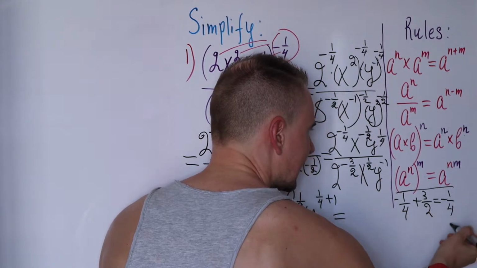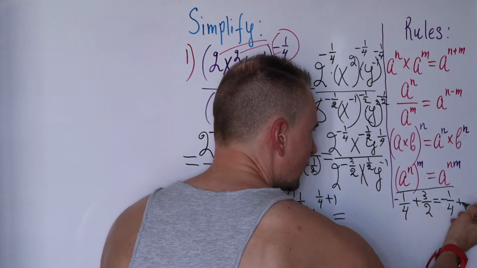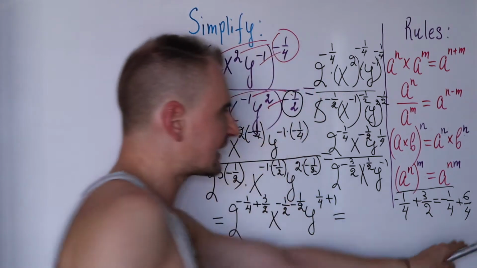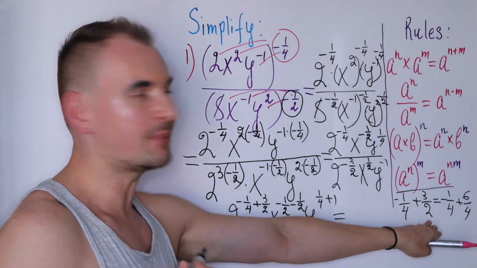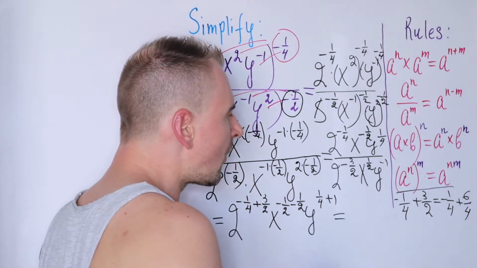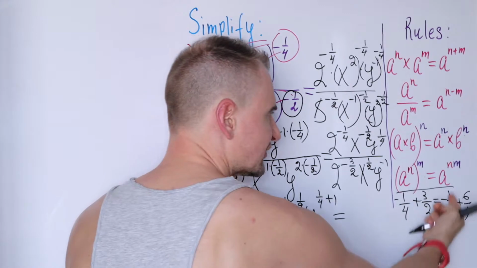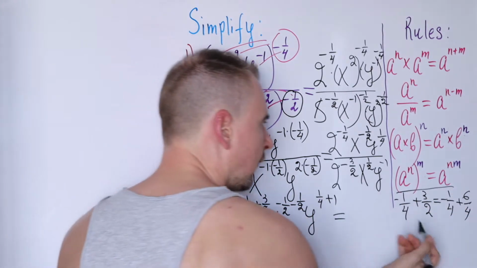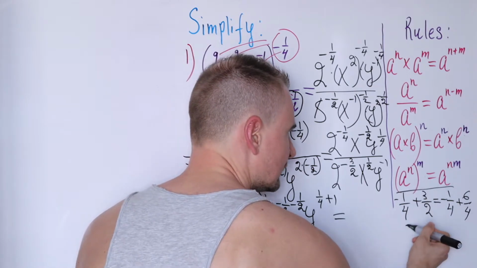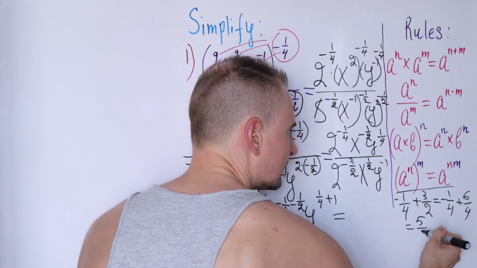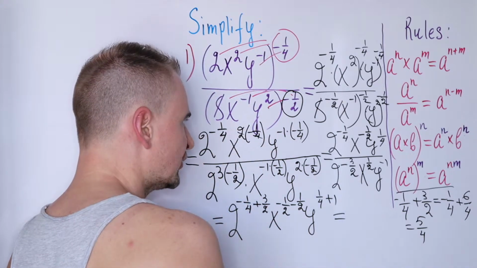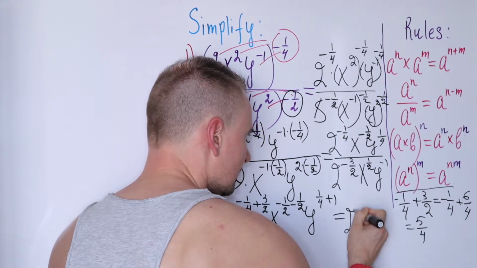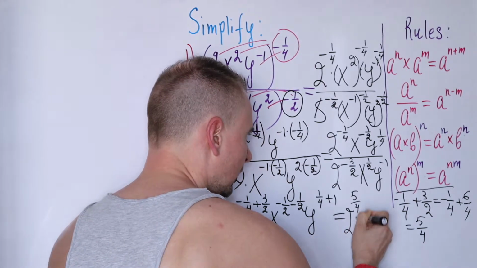It's the same thing as negative 1/4 plus 6/4, so the second fraction gets multiplied by 2. So it's the same thing as 6/4 minus 1/4. So 6 minus 1 gives you 5, so you are left with 5/4. So this is your power for 2, 5/4.